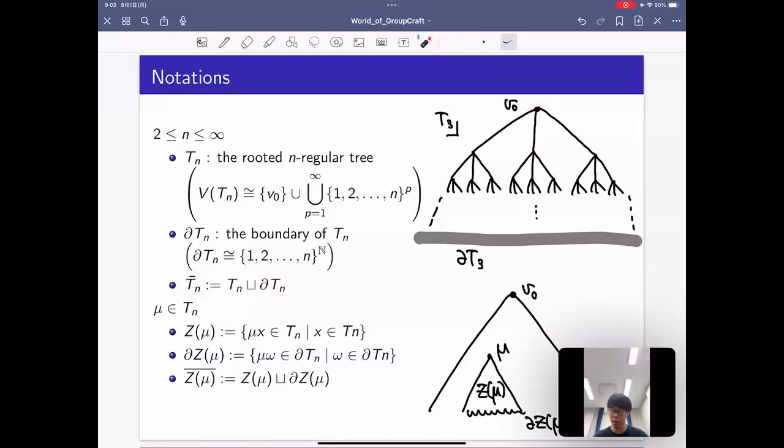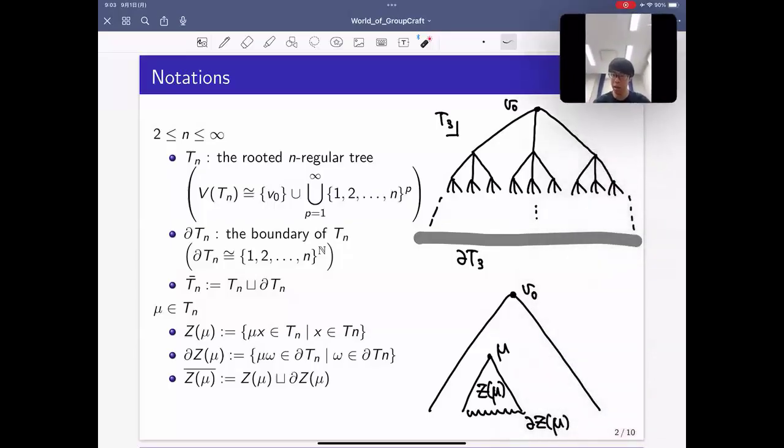And for each vertex in the tree, say μ, we define Zμ as the set of vertices below μ. Okay, so this is the subtree of the tree.